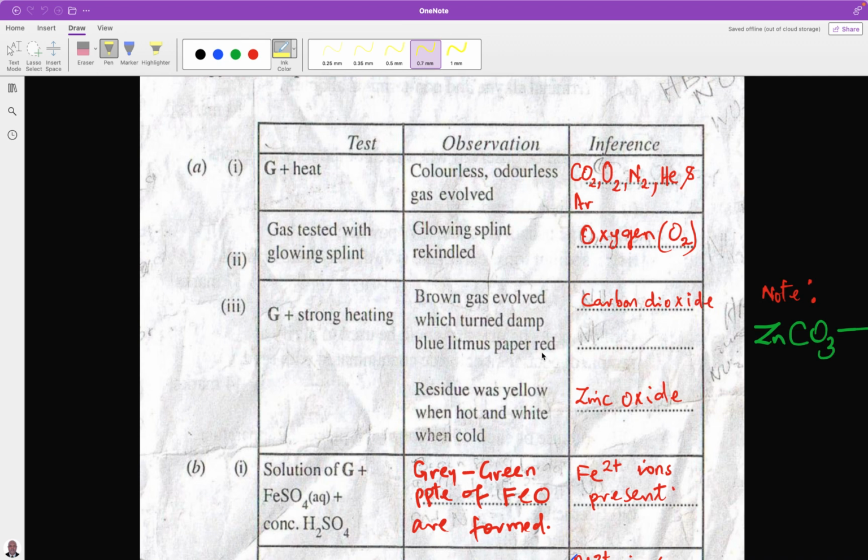Any gas which will turn damp blue litmus paper red should be an acidic gas.